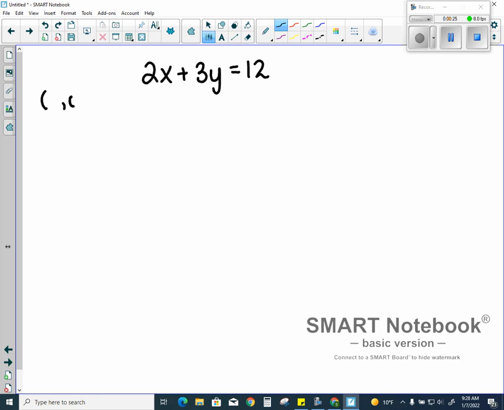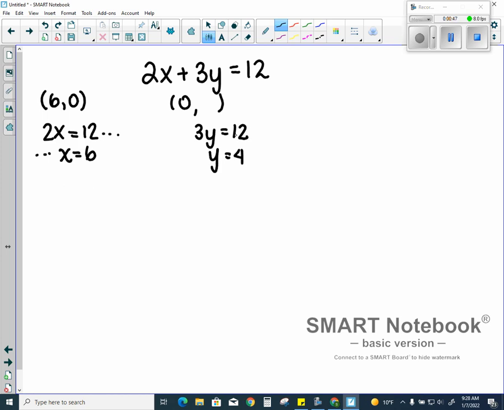If I wanted to find the x-intercept, I could set y equal to 0 and get x equals 6. I'm skipping some steps for those of you who like to see them. I could plug in x equals 0 to find the y-intercept.